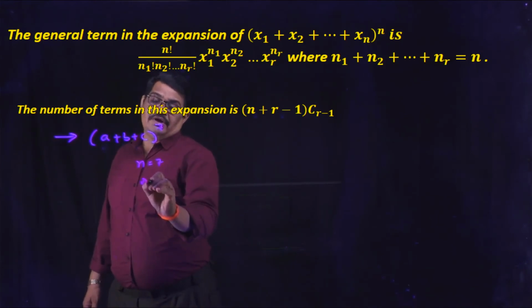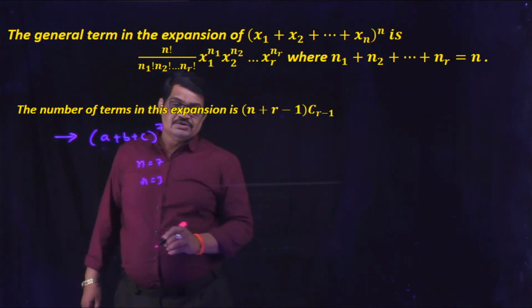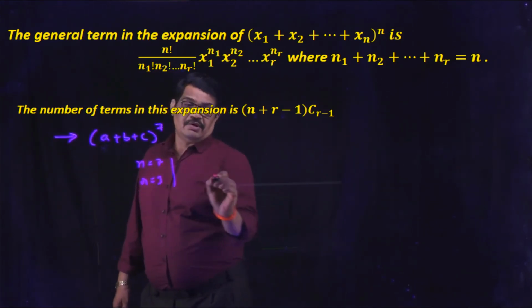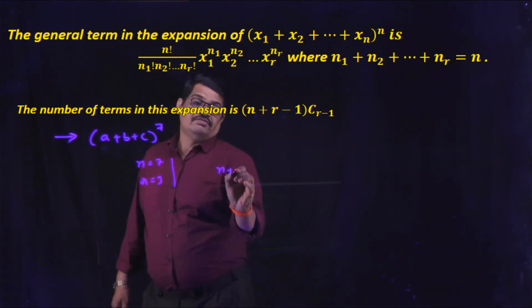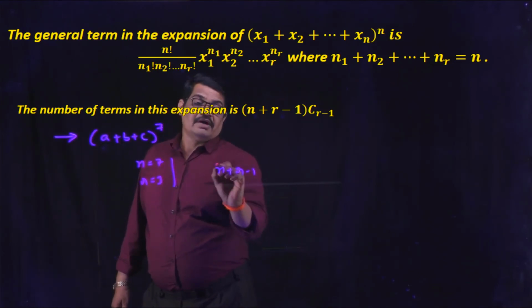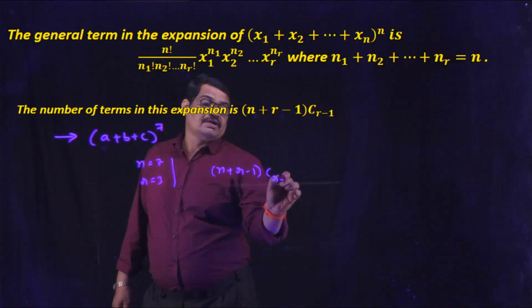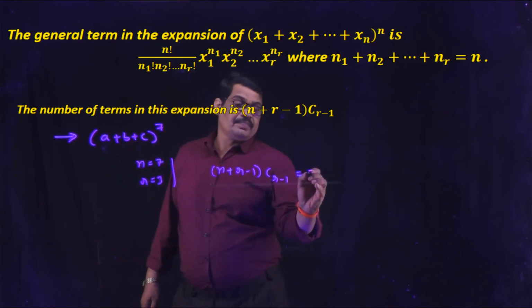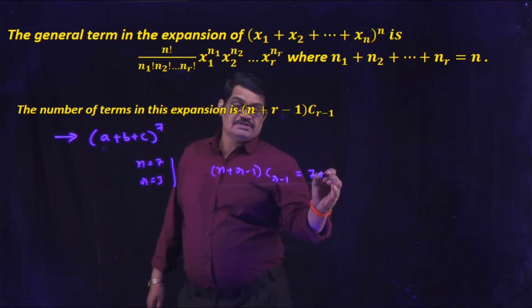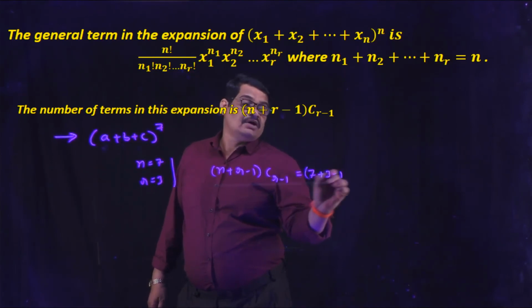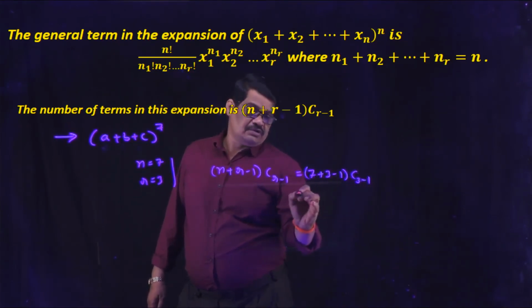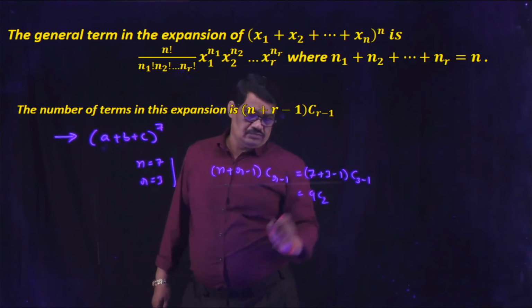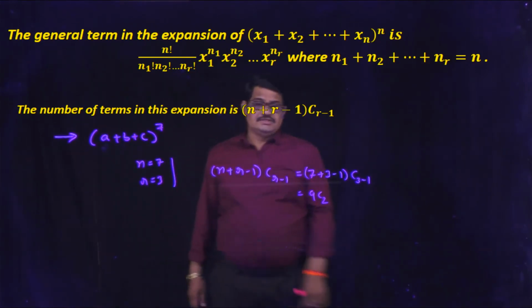So the number of terms in this expansion, by the formula (n + r - 1)C(r - 1), is (7 + 3 - 1)C(3 - 1), that is 9C2.